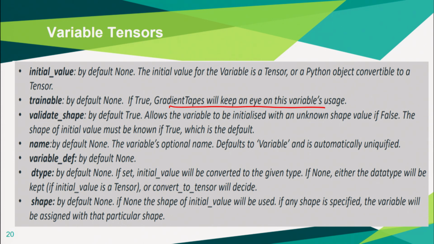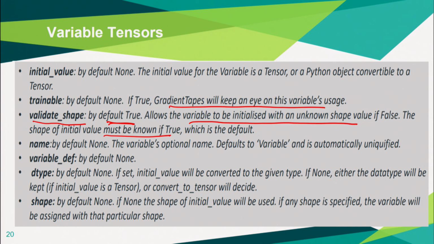Then validate_shape: by default it will be true. If false, the variable is initialized with an unknown shape. The shape of the initial value must be known; if you know it, it will be true always.